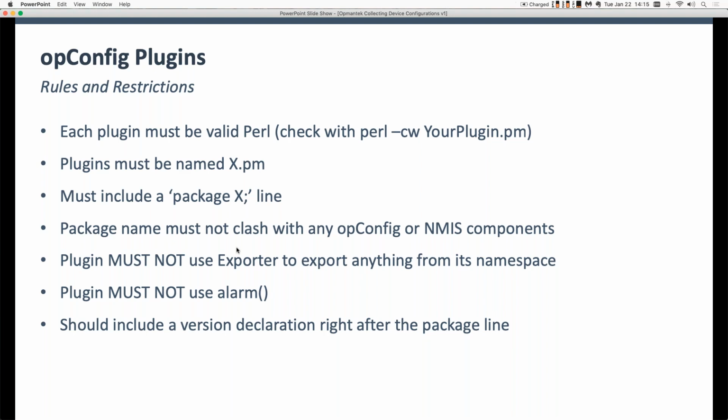The plugin itself must not use the Perl exporter to export anything from its namespace, and it must also not use the alarm function in Perl either. And as always, you should, of course, include a version declaration right after the package line. That's really in there just so you can help keep track of which version is being run, and so that opConfig can be aware of which version is there as well.